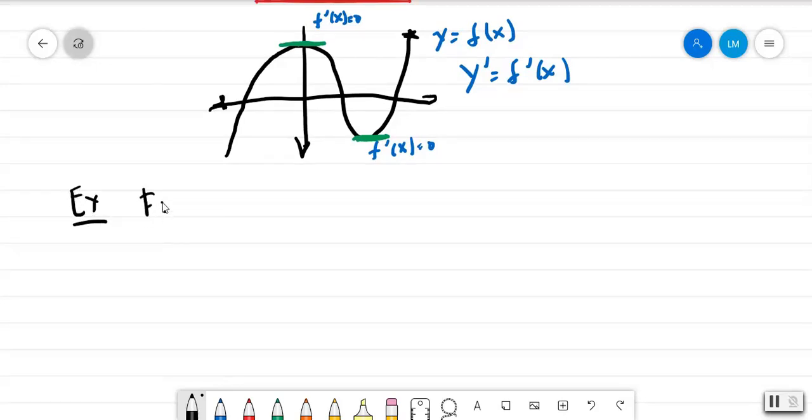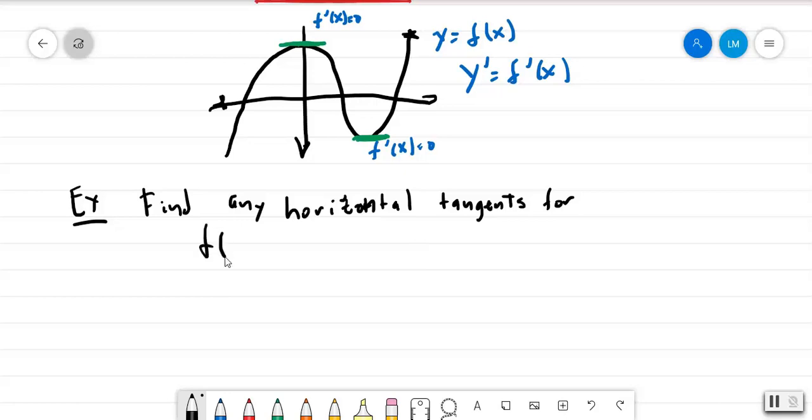Let's say that we want to find any horizontal tangents for f of x equals negative x cubed over 3 plus x squared over 2 plus 6x.